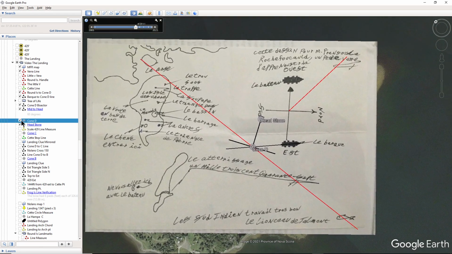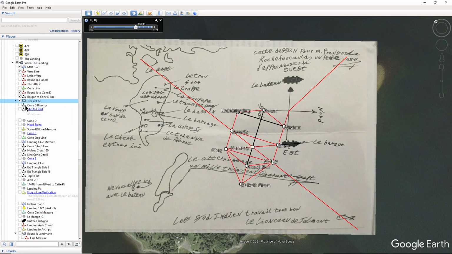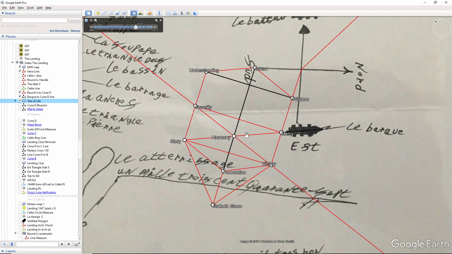Now, I'll get to the tree of life here. The tree of life is right here. And if you notice that those two lines that we just used to find the axis of Nolan's cross, which this is the axis, that's the same perpendicular line.